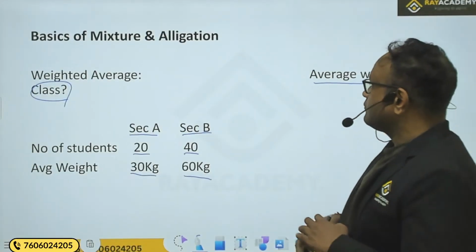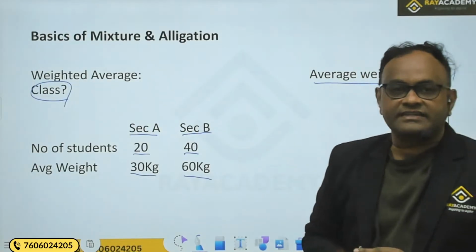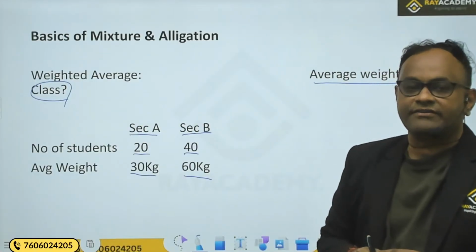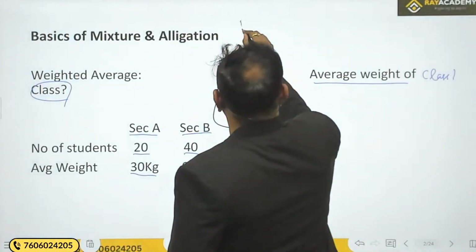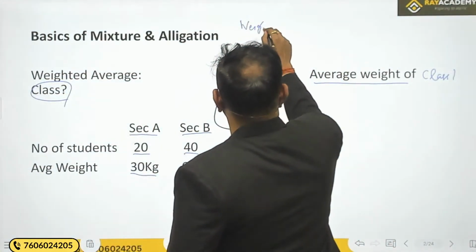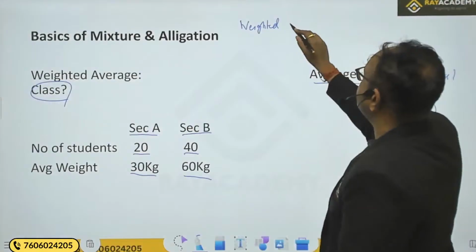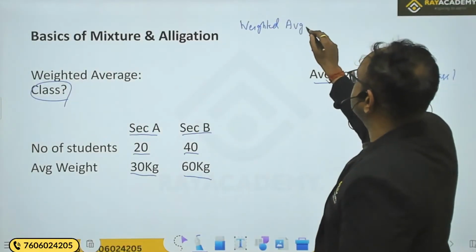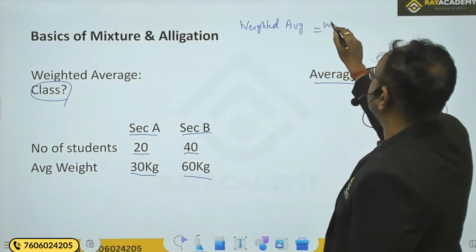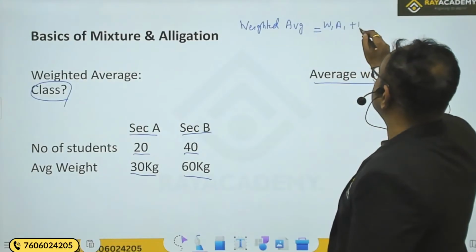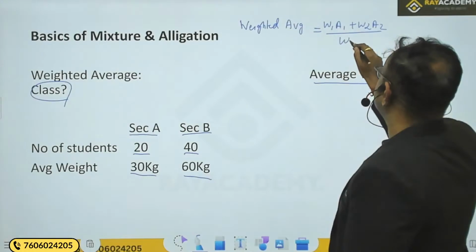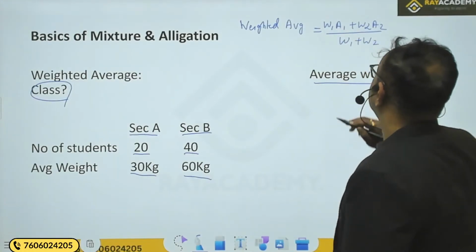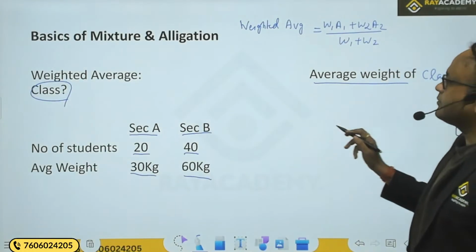To find the answer for this kind of question, first you remember a formula that is called weighted average. What is weighted average? Weighted average is (W1 A1 plus W2 A2) divided by (W1 plus W2). What are W1 and W2?